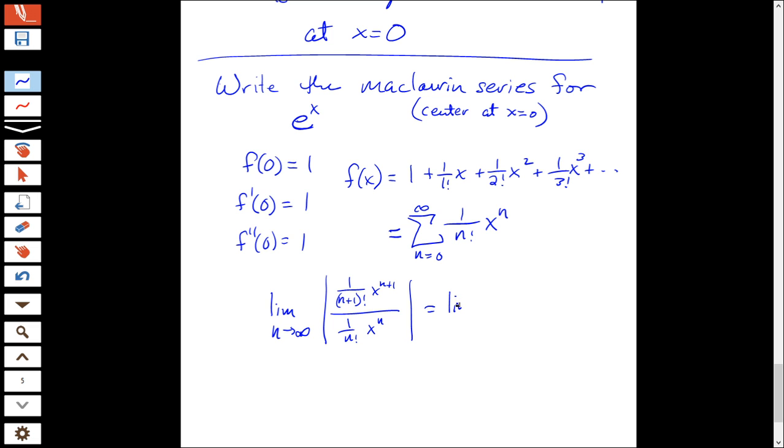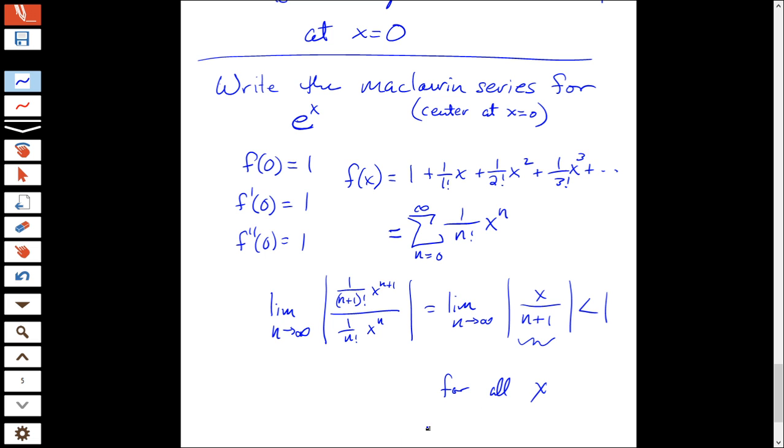If we simplify that, we're going to get x over n plus 1 less than 1. And this is going to hold true for anything, because what's inside here is actually going to 0, which is less than 1. So this really is for all x.